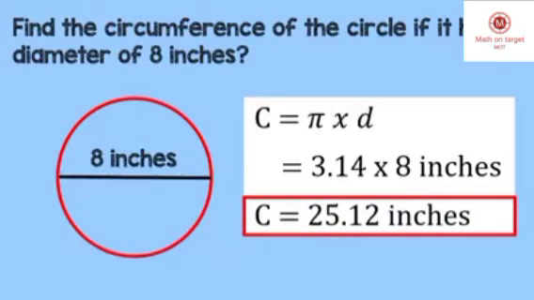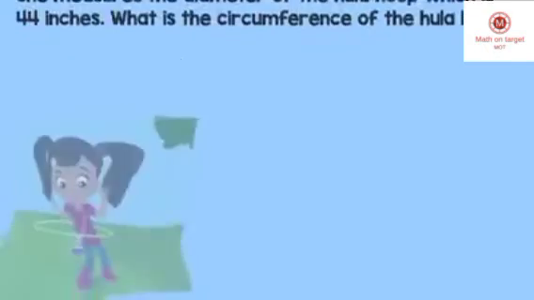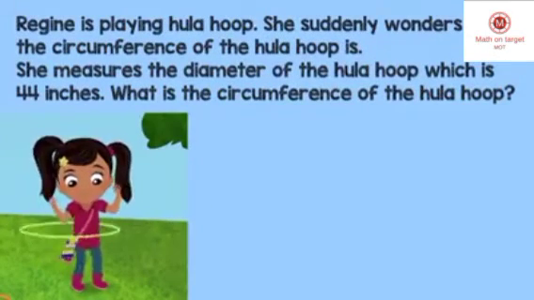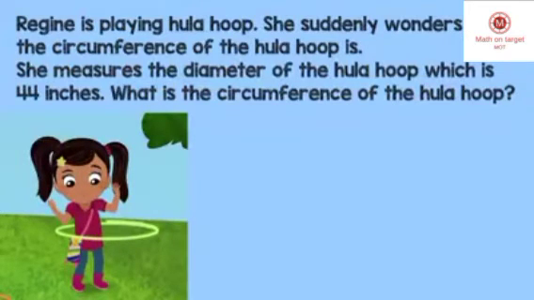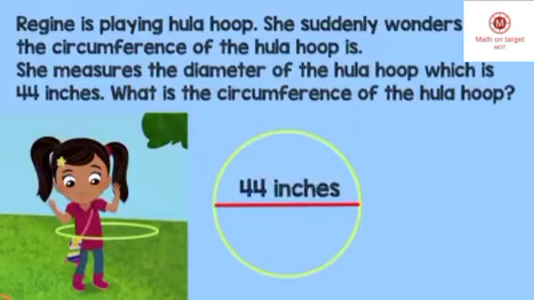Now let's have another example. Regine is playing hula hoop. She suddenly wonders what the circumference of the hula hoop is. She measures the diameter of the hula hoop, which is 44 inches. Now what is the circumference of the hula hoop? Let's help Regine find it. Let's find first what is given in the problem.